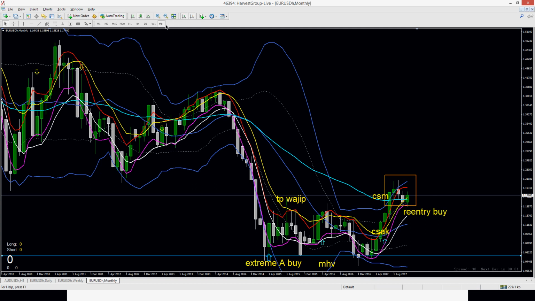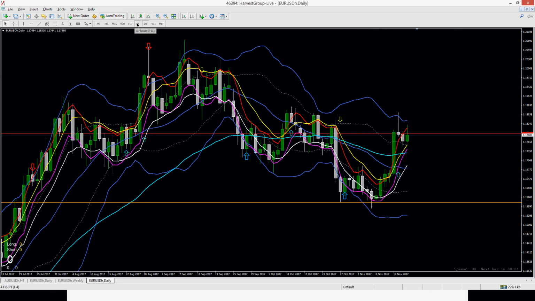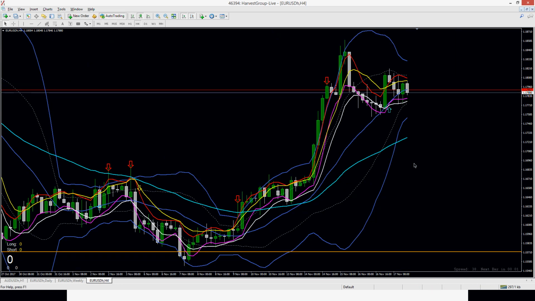Obviously there's no higher time frame than this, so there is a possibility of a sell setup for a much higher time frame. The sell setup over here will now be dictated by what's going to happen on the weekly time frame. So let's go to H4 now.